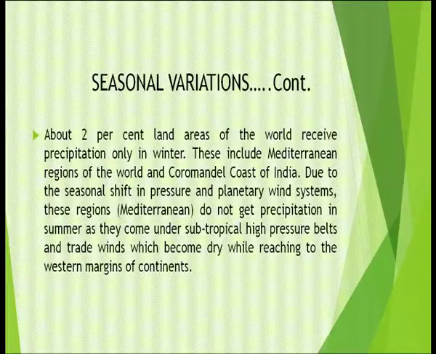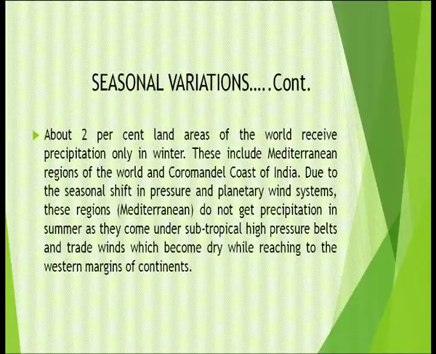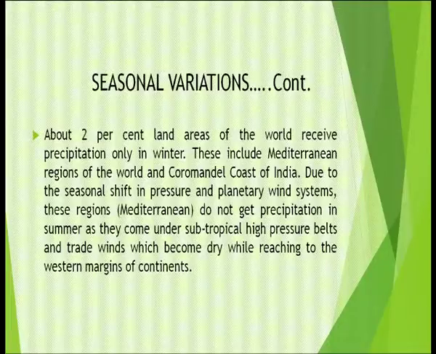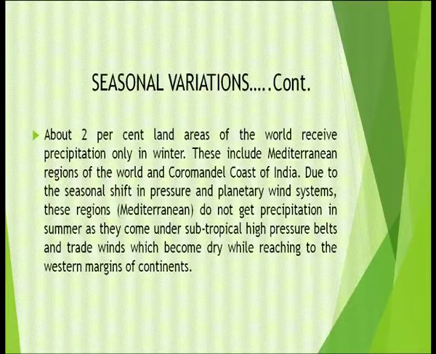These include Mediterranean regions of the world and the Coromandel coast of India. Due to the seasonal shift in pressure and planetary wind systems, these regions do not get precipitation in summer as they come under subtropical high pressure belts and trade winds, which become dry while reaching the western margins of the continent. The remaining parts of the world receive precipitation only in summer.